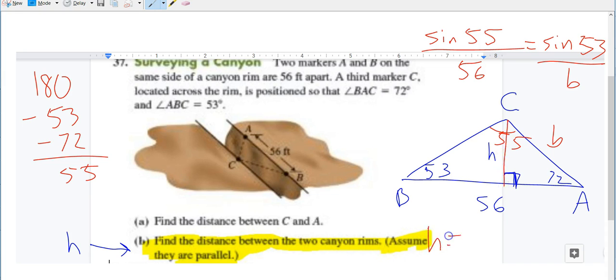Because then H would be b times the sine of 72. So find that value, plug little b in there, and then you find the height. And then you'll know the distance between the canyon rims. So I'll leave that in your capable hands.